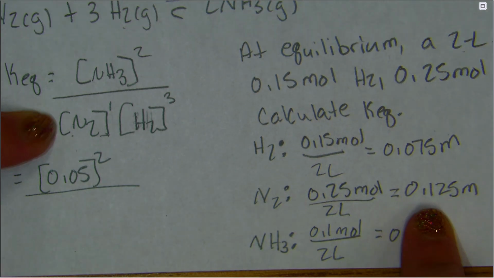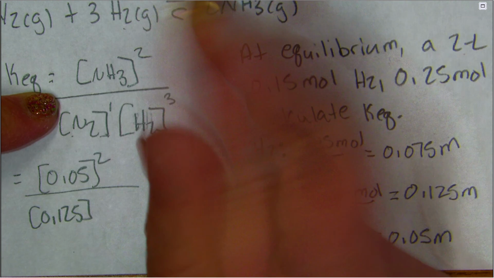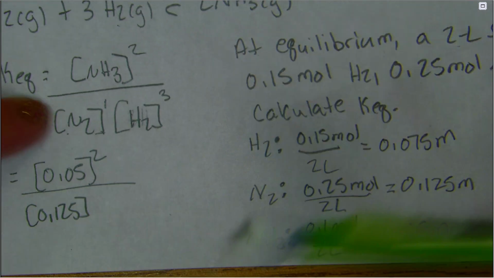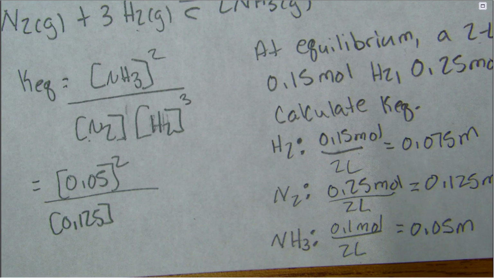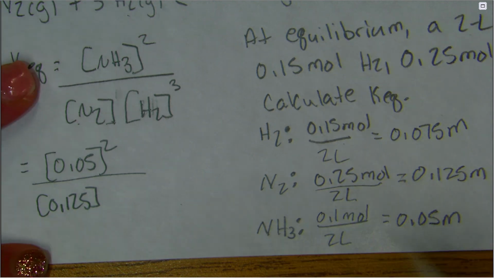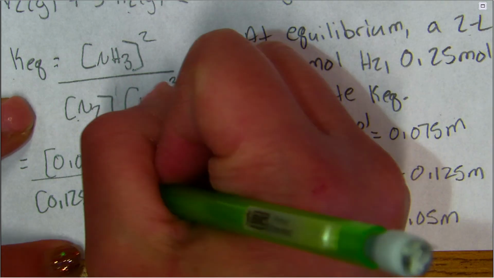N2, nitrogen is 0.125. Now, you don't have to write the 1 because anything is understood to be 1. So you don't really need that 1. So we'll just take that out. I added it in so you could see. But remember, if there's no 1 or no number, it's understood to be 1. All right. And hydrogen is 0.075.